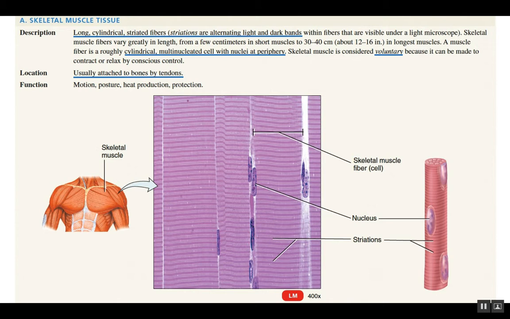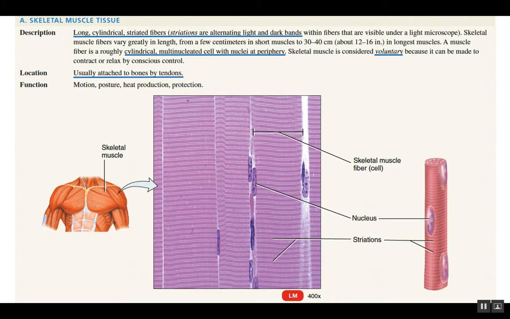So right now, it's not that big of a concern as to why skeletal and cardiac have stripes and smooth does not, but it could help you when determining what tissue is being discussed when you have to decide what tissue it is. So skeletal muscle and cardiac muscle are striated. Smooth muscle is not.